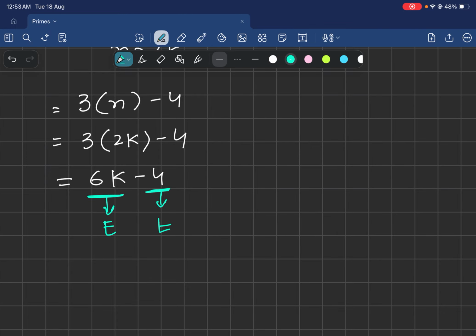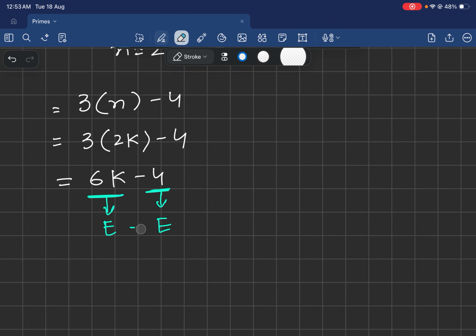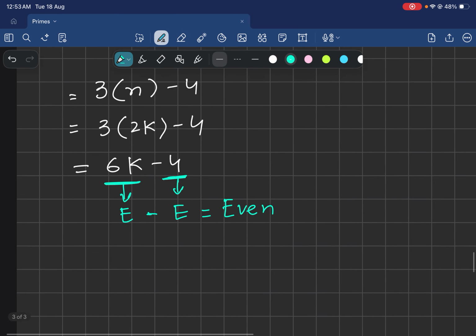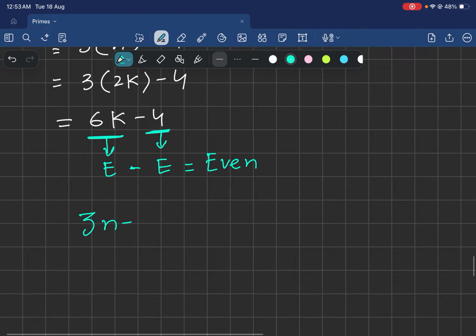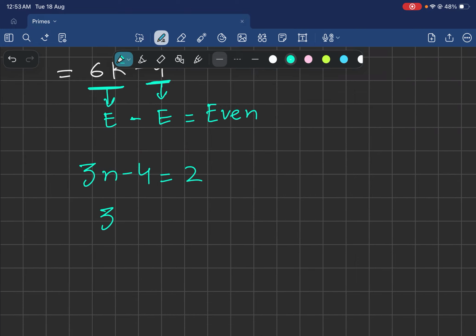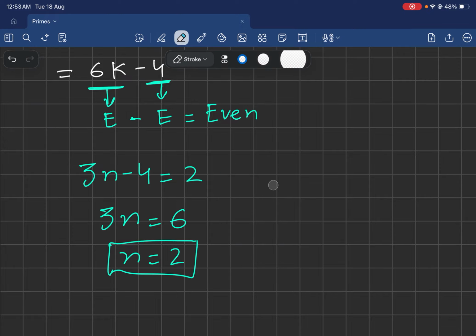Even minus even is even, and the only even prime number is 2. Therefore 3n minus 4 is equal to 2, and from here we get n is equal to 2. So when n is equal to 2, 3n minus 4 is a prime number.